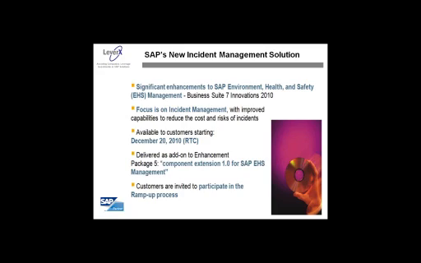Now, incident management, just to give you an introduction before I move to my slides, the offering from SAP is actually quite extensive, and it is as valid for very huge incidents and accidents to smaller ones.